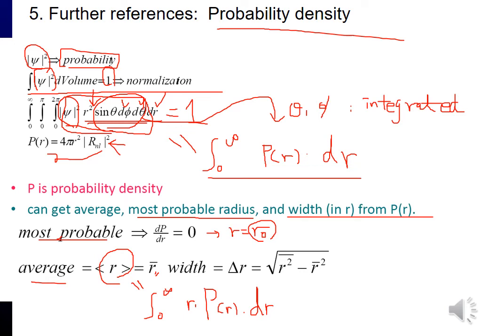And delta r is the same as the uncertainty, and it is defined by the square root of r squared bar. So we take the average of r squared and then minus r bar squared, so we take the square of the average radius, right? That's it for today.